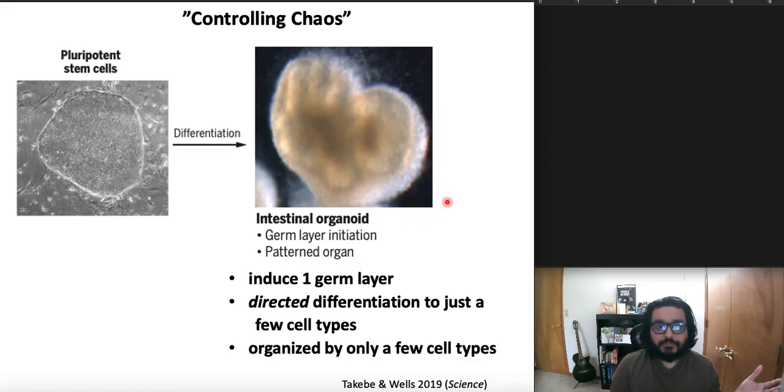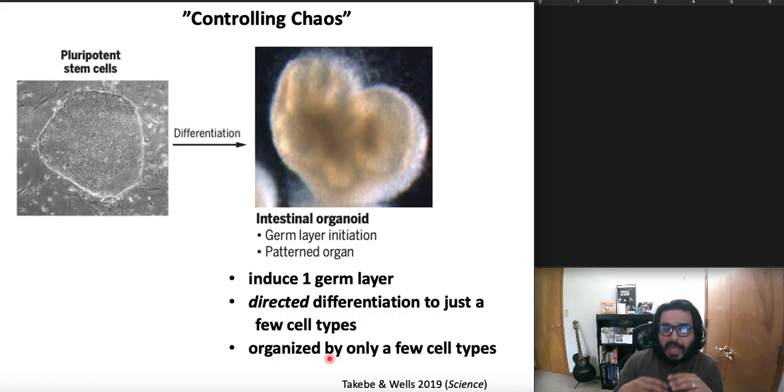fate. If you go one step higher in complexity, we get what's a relatively simple organoid. This is from an intestine, where we're only taking one germ layer of the three. It's still directed differentiation, but instead of just one cell type, we're getting maybe 2, 3, or 4 cell types.